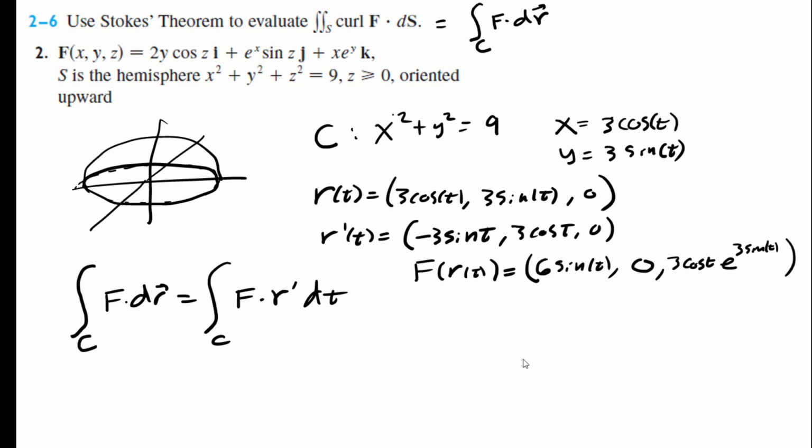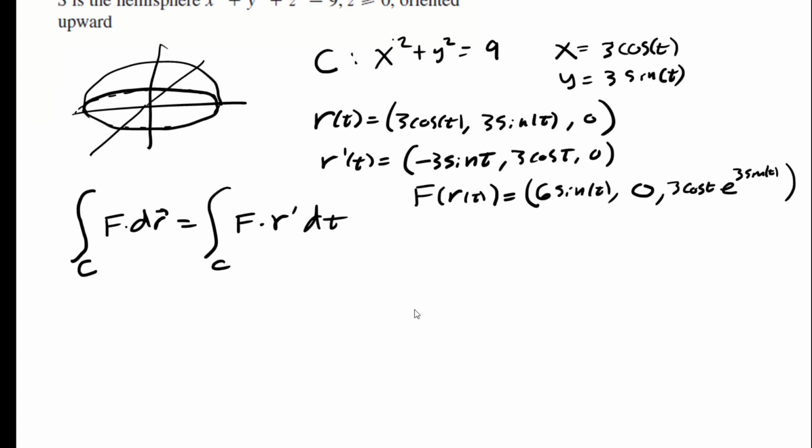Okay, that might look like it's going to give us trouble, but it's actually going to cancel out when I do this dot product, and we're going to integrate with t going from 0 all the way around to 2 pi. So F dot r prime is minus 18 sine squared t, plus 0, because that times that is 0, plus 0, dt.